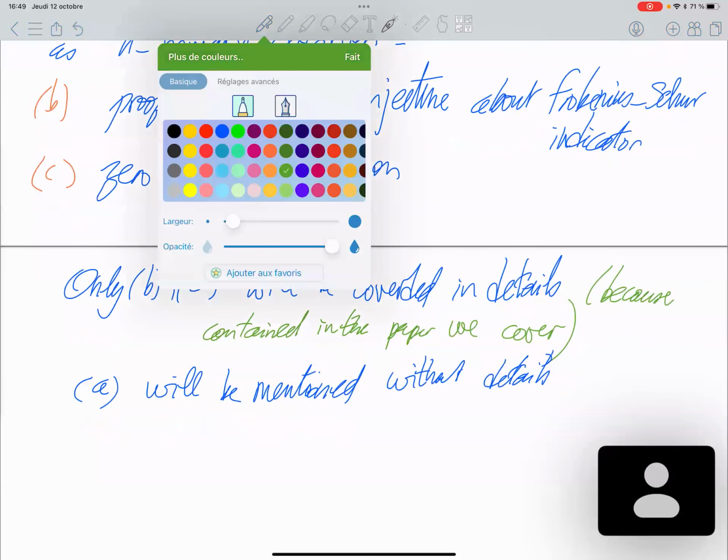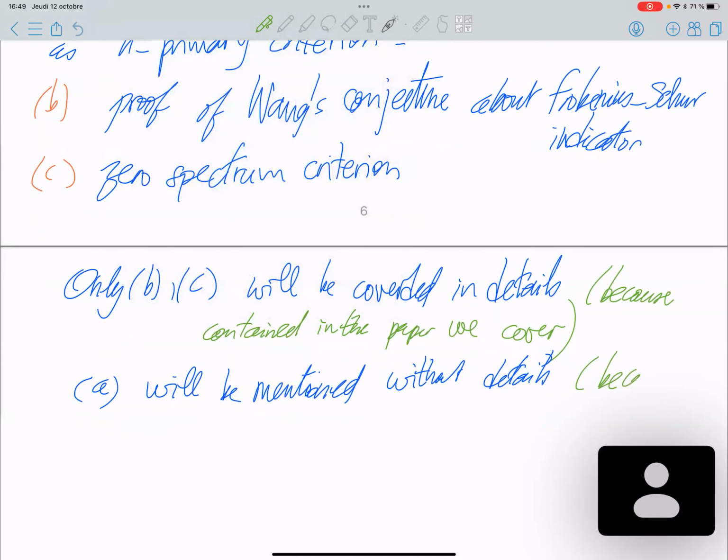Because A is contained in other papers with an extra author, in fact two papers.